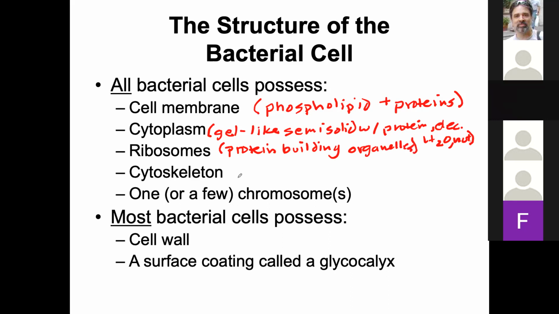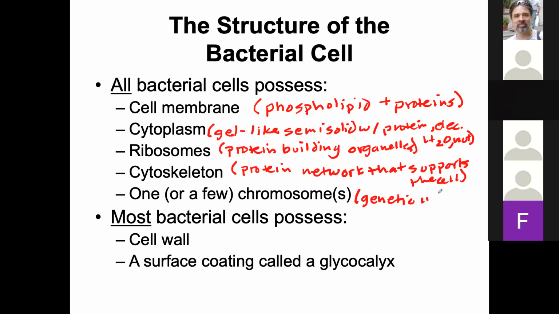Okay. The cytoskeleton is a protein network that supports the cell. Okay. The chromosomes are where the genetic information is located. And when we say genetic information, we mean protein building information.